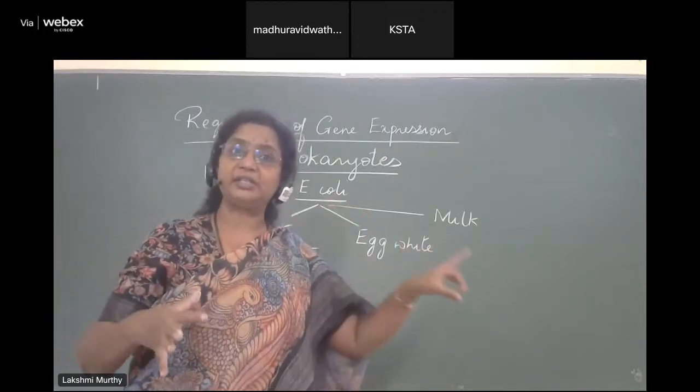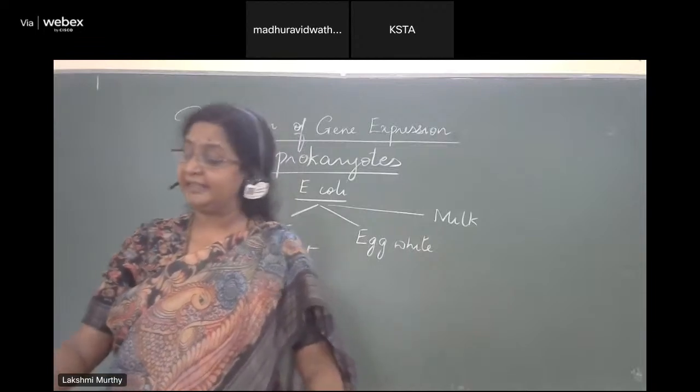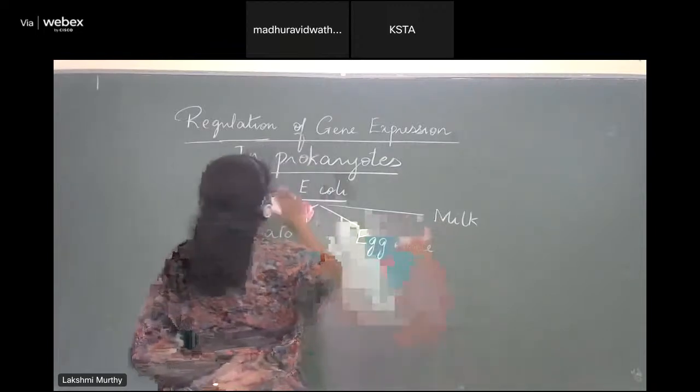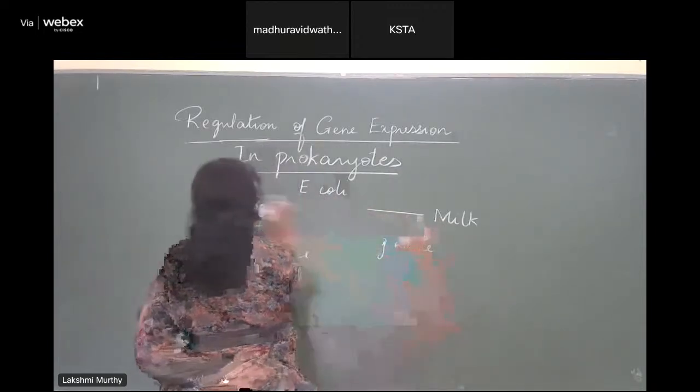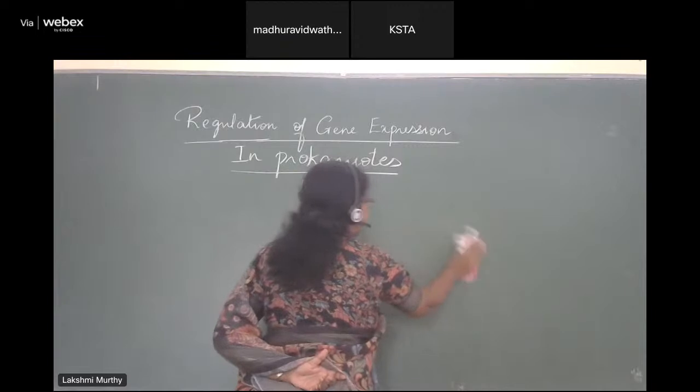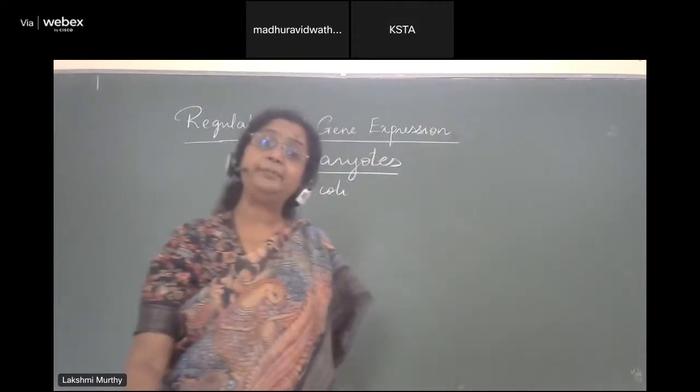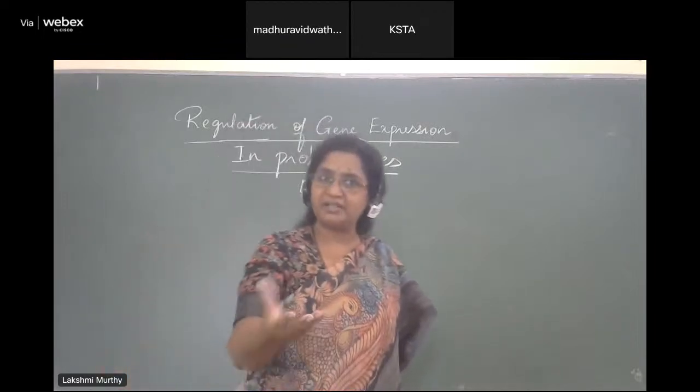And let's learn about one particular such gene regulation in E. coli, which was discovered by two scientists called Jacob and Monod. I will be showing their pictures to you at the end.